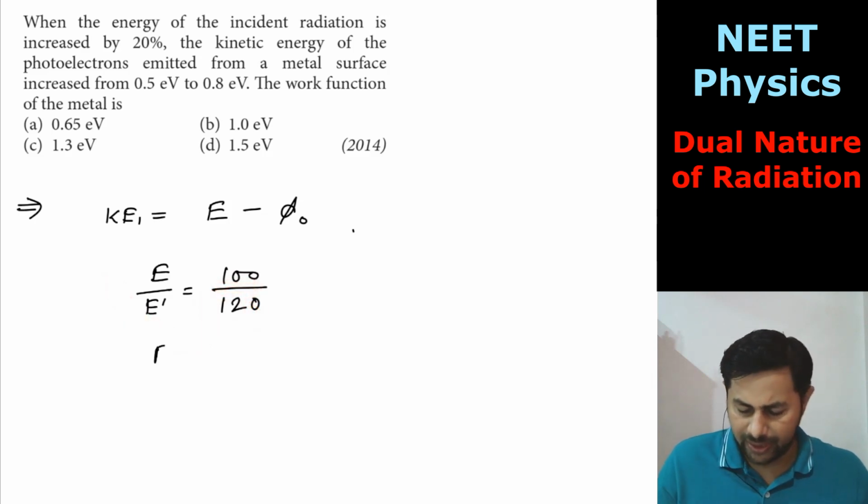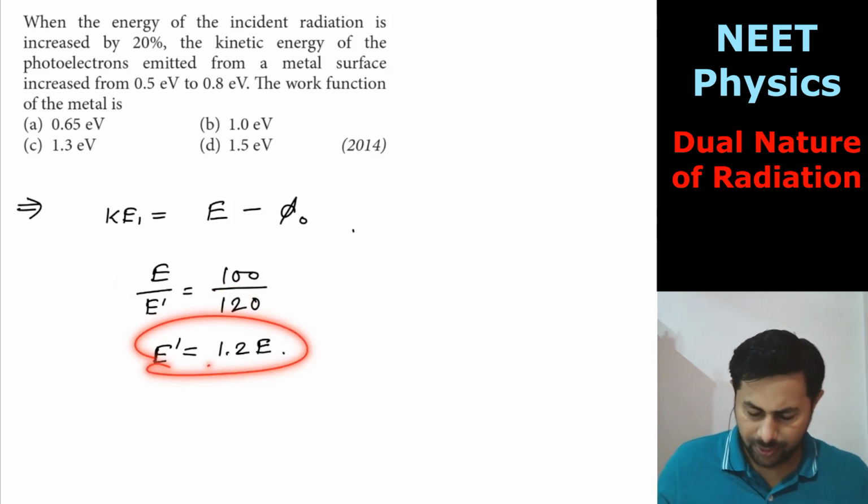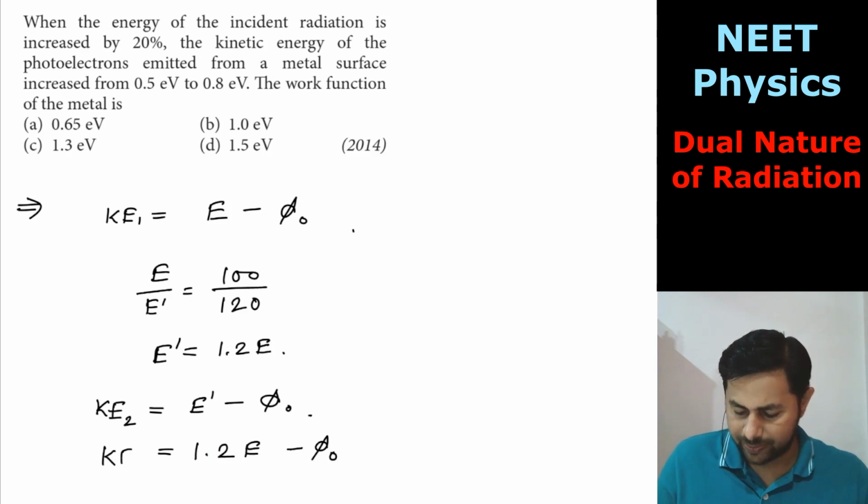So you get E prime equal to 1.2 times E. Then you get Ke2 is equal to E prime minus phi naught, and E prime is 1.2 times E, minus phi naught. This is Ke2.